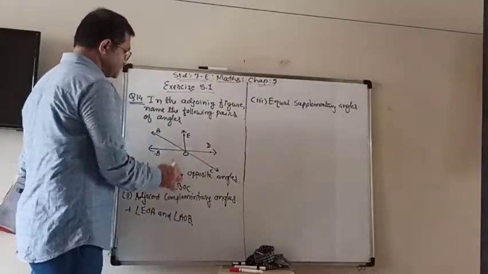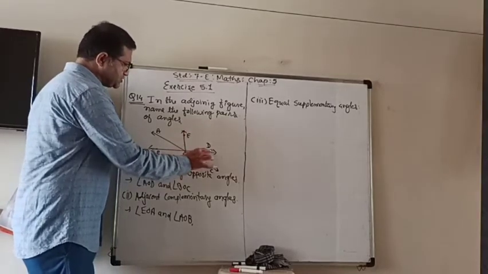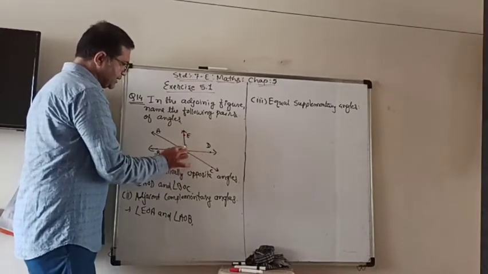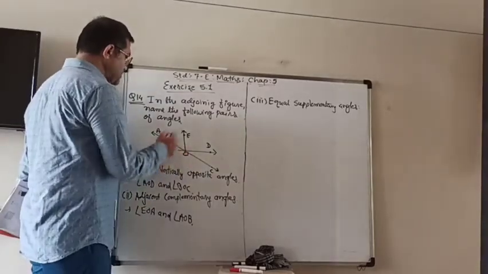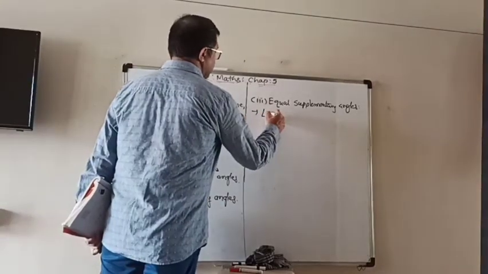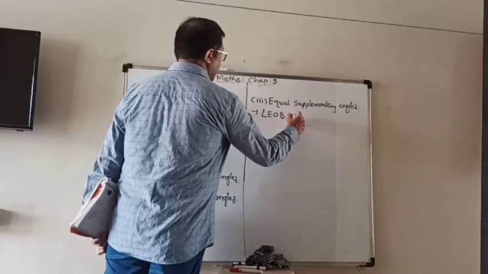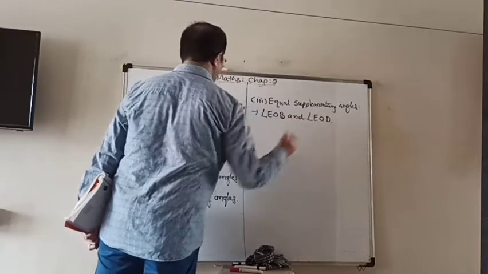So you can see that this EOB is 90 degree, EOD is 90 degree, and 90 plus 90 is 180, so they are supplementary also. So angle EOB and angle EOD.